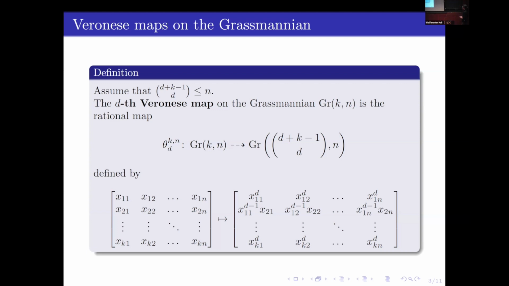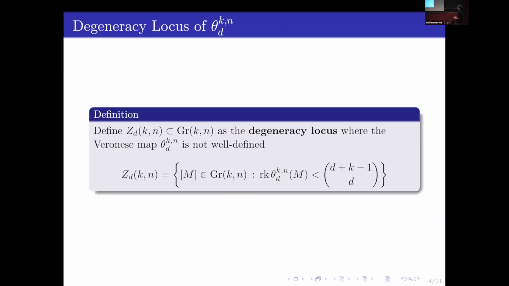But this is not everywhere well-defined. For example, it's not well-defined exactly when the resulting image matrix does not have full rank. So we only get a rational map, and we denote the degeneracy locus of this rational map by Z_d(k,n).